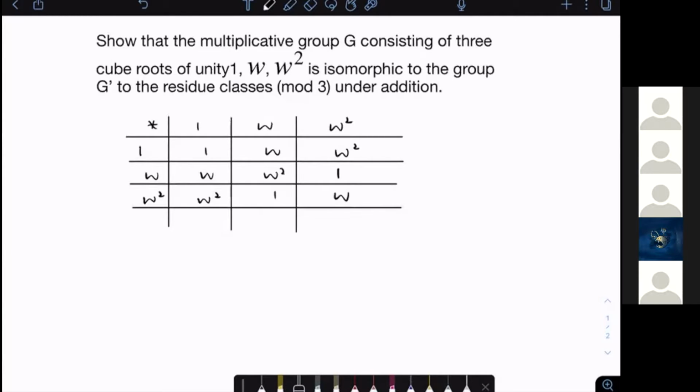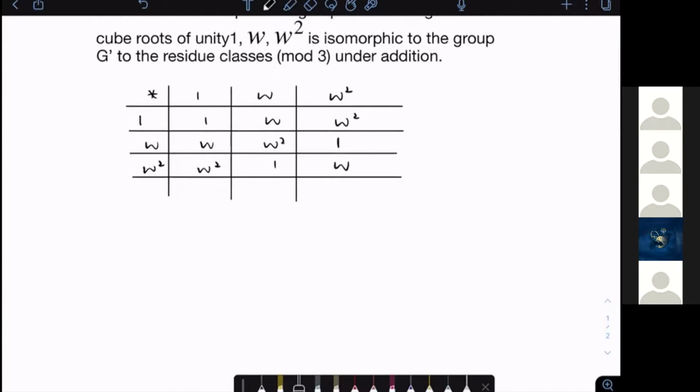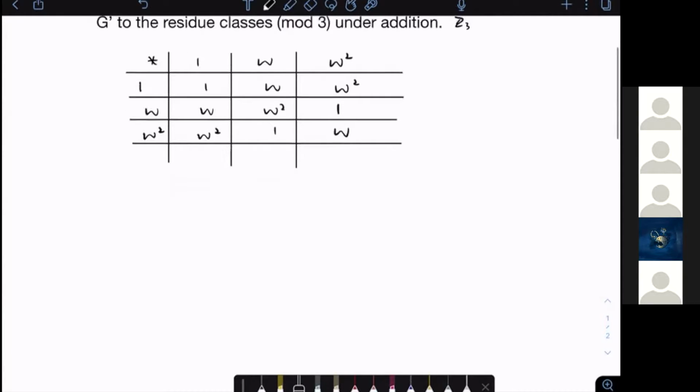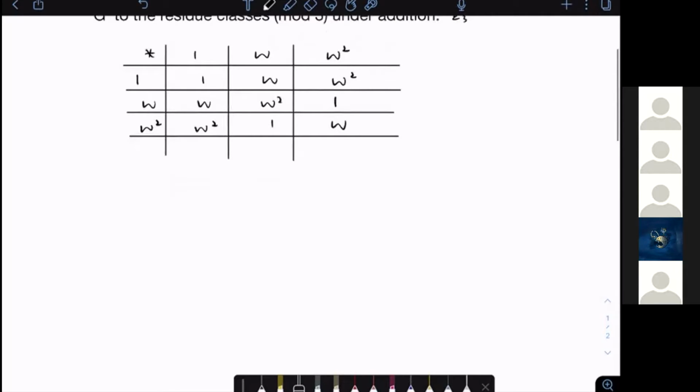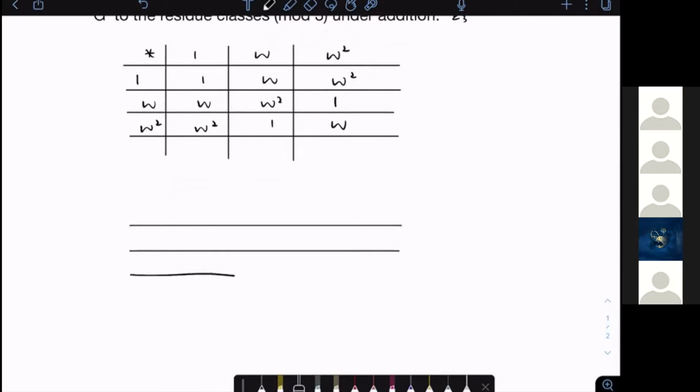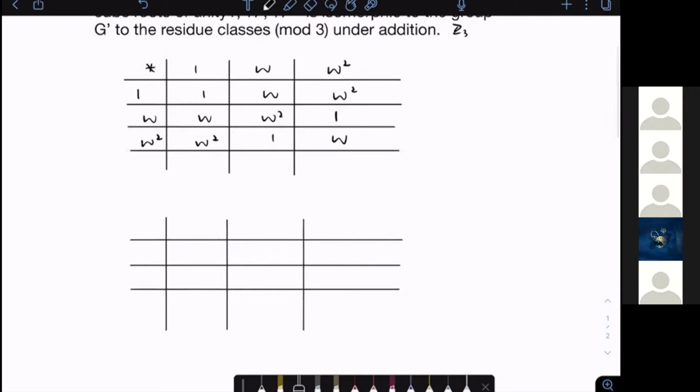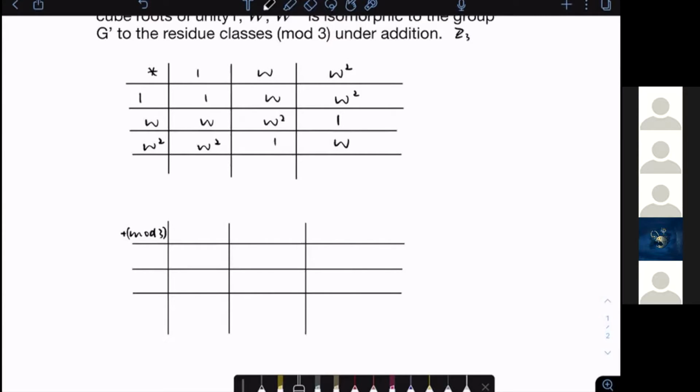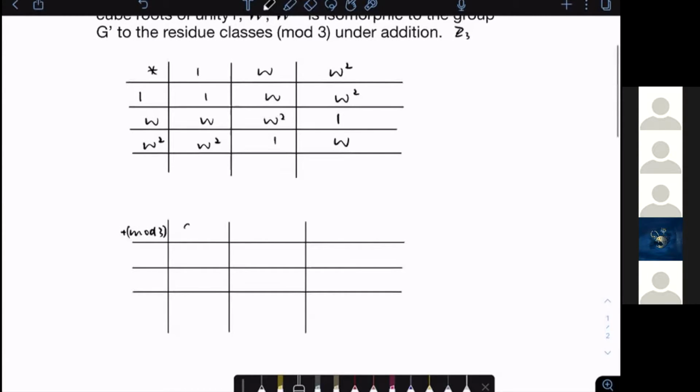Also, we know the group modulo 3 under addition is just the group of these three elements. The Cayley table is like this: the operation is addition modulo 3, and the three elements are 0, 1, and 2.